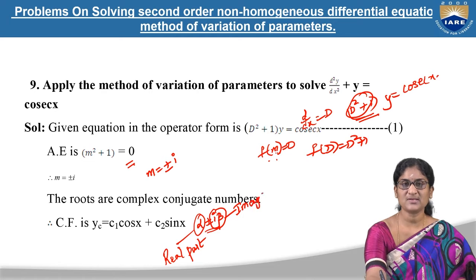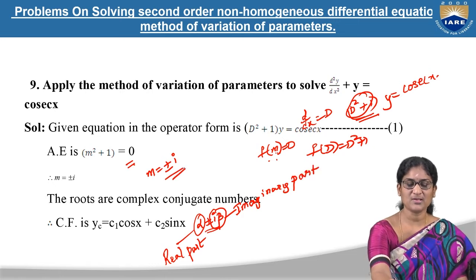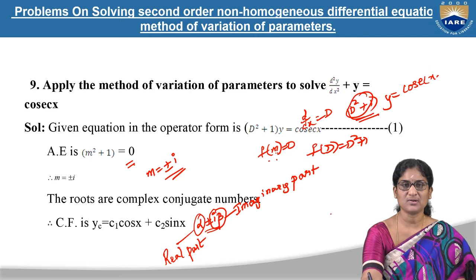Sometimes only the imaginary part is present and we don't have any real part. In these roots, the real part is 0, that is alpha is equal to 0.